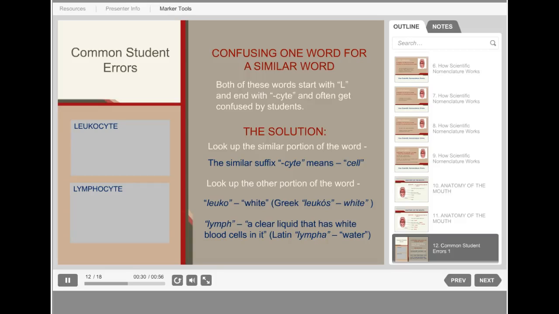So we know we are talking about cells here. Now we want to look up the other portion of the word to tell them apart. Leuko means white, from Greek leukos, which is white. And lymph is a clear liquid that has white blood cells in it. From Latin, lympha, which means water.